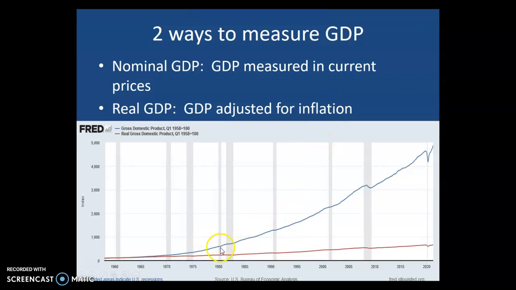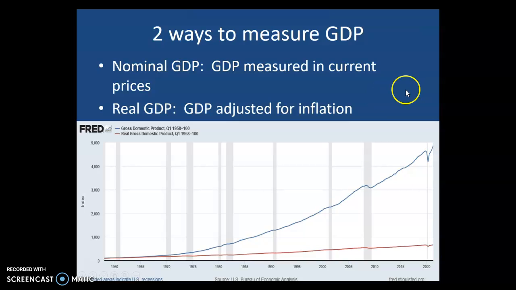And so here we have two lines. The first line is nominal GDP. The second line is real GDP, adjusted for inflation. And as you can see, there's a significant difference here. I believe here our real GDP has probably grown about 6 times more than what it was when I was born, as opposed to 20 times more.